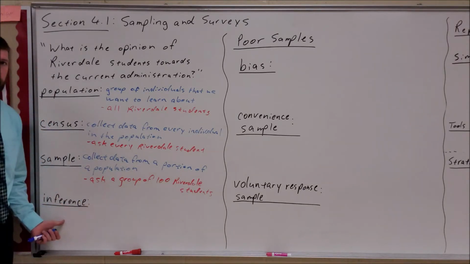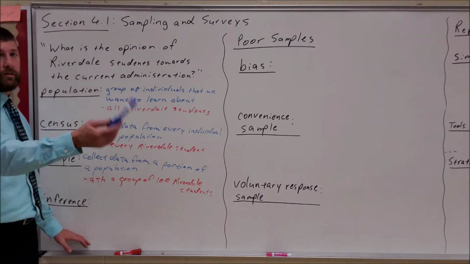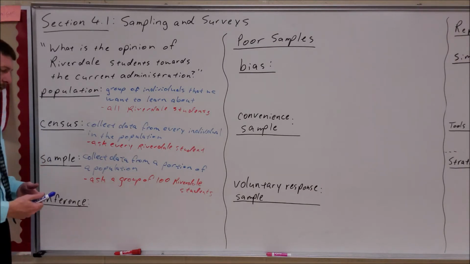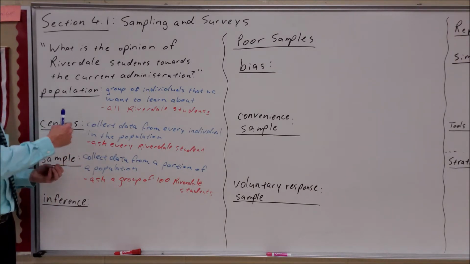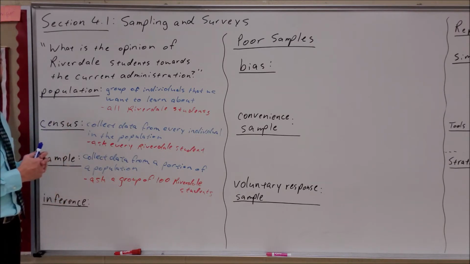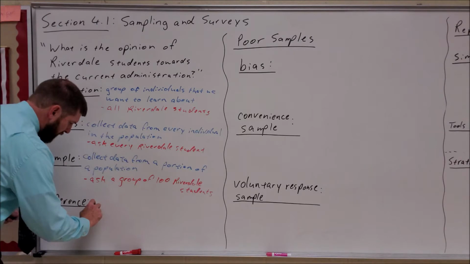And that brings us to our last word here, which is inference. Inference is a word we talked about very early in the year. We've done a little bit of inference at this point, but at the end of this unit, we're going to focus on what kind of inference we can draw, and what the scope of the inference is based on how we designed our studies. Inference is nothing more than drawing conclusions.